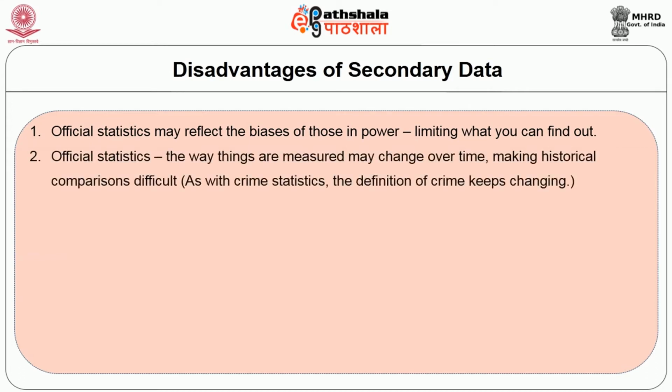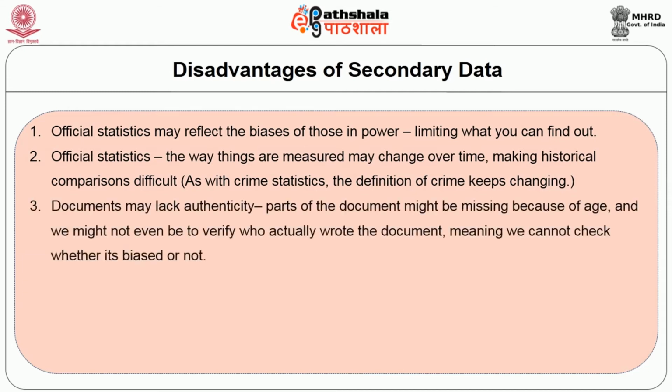Official statistics, the way things are measured, may change over time, making historical comparisons difficult. 3. Documents may lack authenticity. Parts of the document might be missing because of age, and we might not even be able to verify who actually wrote the document, meaning we cannot check whether it is biased or not.